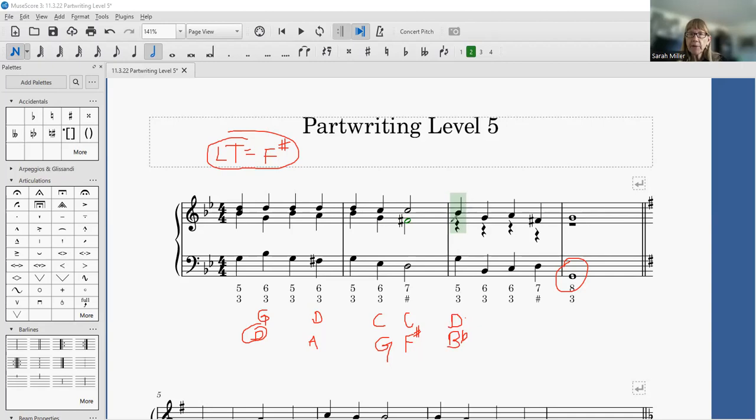So we have the B flat already. We need the D, but we also need the F sharp to resolve up to G if we can. The half note here implies that this is a resting point along the way. So it's possible we could just go to the D here.